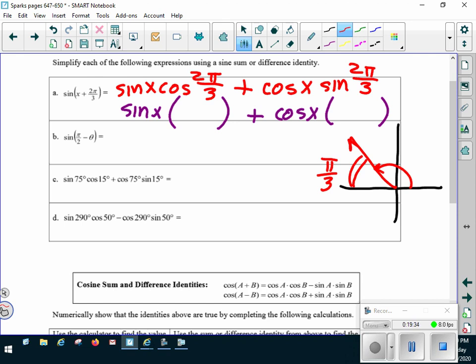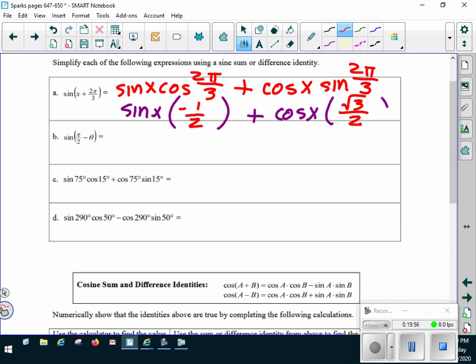It's 1/2, but you go left, so negative 1/2. Do you have questions about the numbers? Now here's how I want you to write the answer. I want you to write the numbers first. I want you to write negative 1/2 sine x plus root 3 over 2 cosine x. This is kind of standard form.